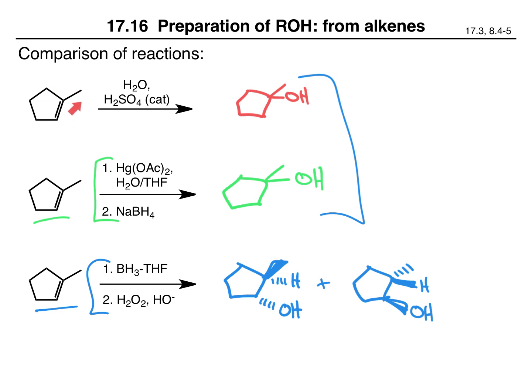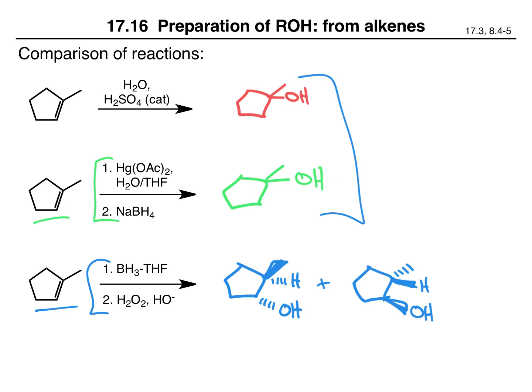Knowing that this goes through a carbocation, it leads to Markovnikov addition, but there could be a risk of carbocation rearrangement, right? This one goes through that cyclic mercury species, which leads to, again, Markovnikov addition, so the OH becomes connected here.